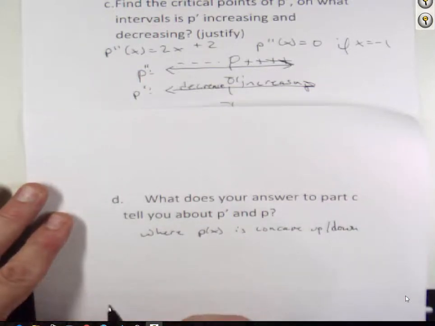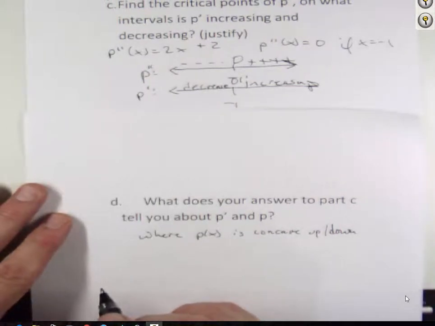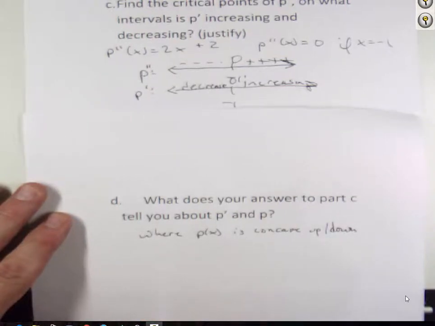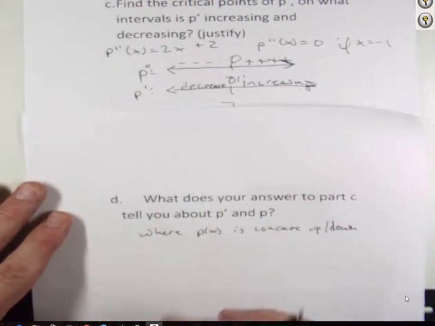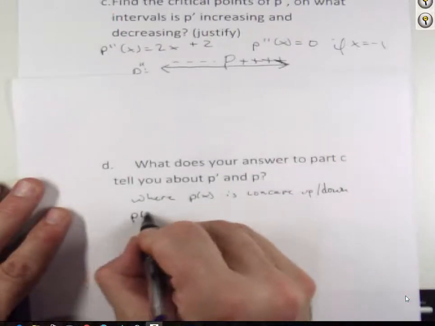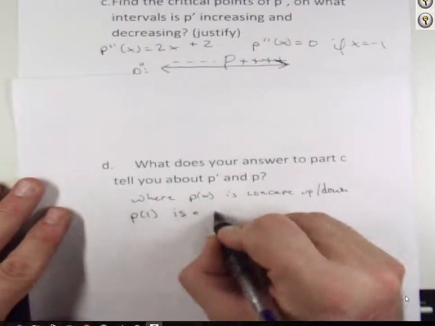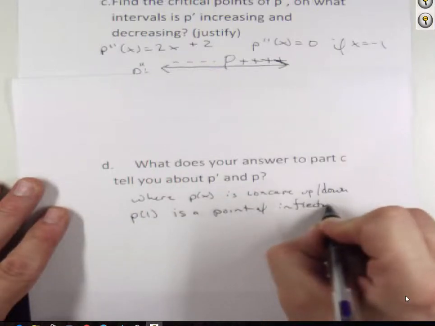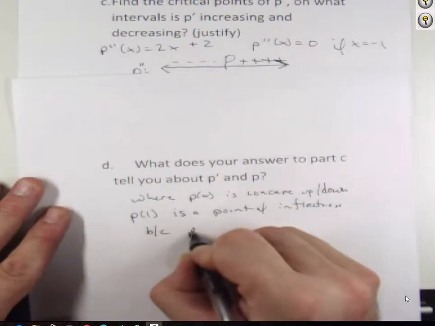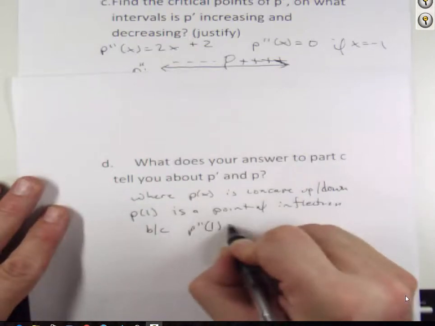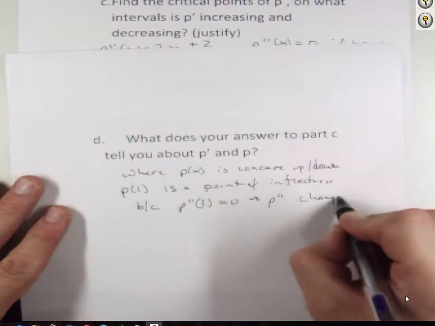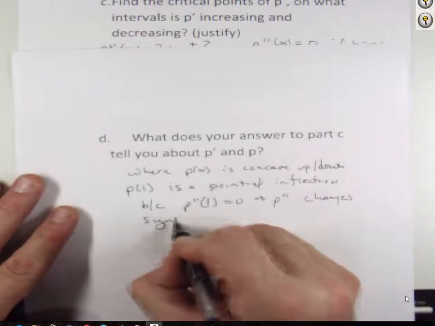But it also tells you that at x equals negative 1, P prime has a local minimum, because at that x value for P of x, we have a point of inflection, because P double prime is 0 there, and P double prime changes signs about this value.